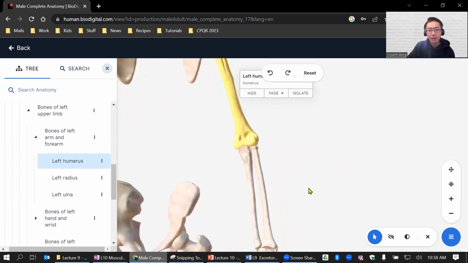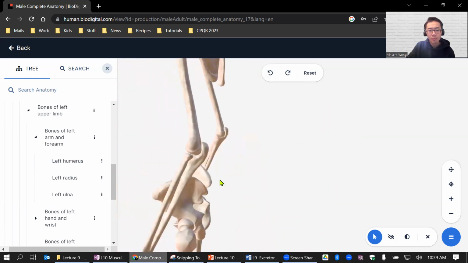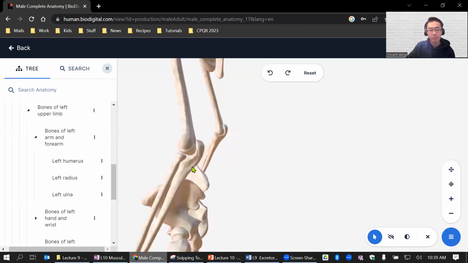And further down, we can see the humerus is going to form a hinge joint. We'll learn the names of the joints later, okay? But hinge joint allows you to do this, right? It doesn't extend beyond 90 degrees. It's like a door hinge. And the hinge joint is formed between the humerus and the ulna.